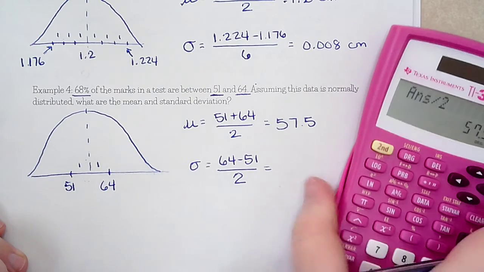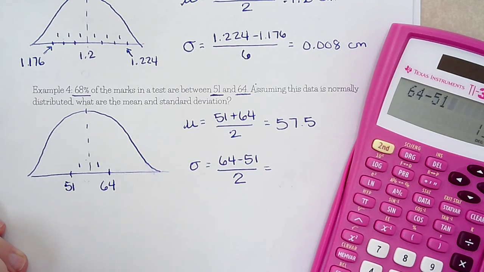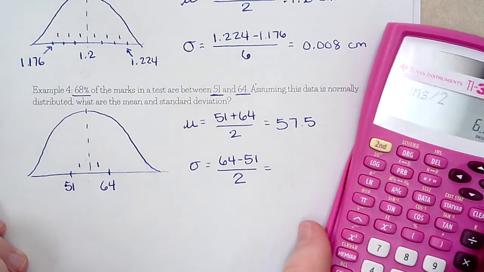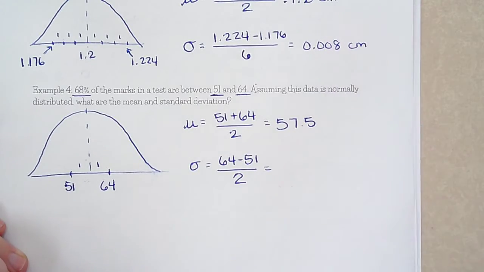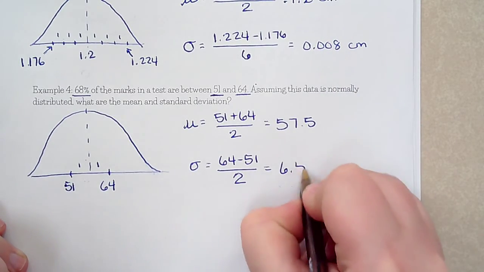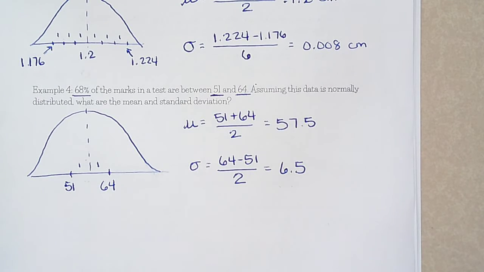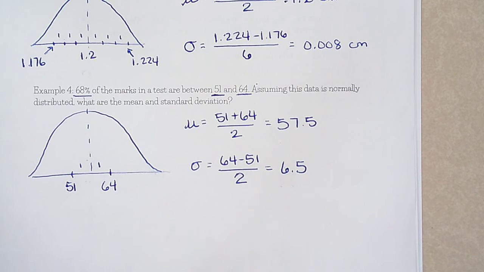When we do that, 64 minus 51 divided by 2, we get that 1 standard deviation is 6.5. So this means that the average on this test was a 57.5, and a student who did significantly better was about 6.5 points higher than the average score.